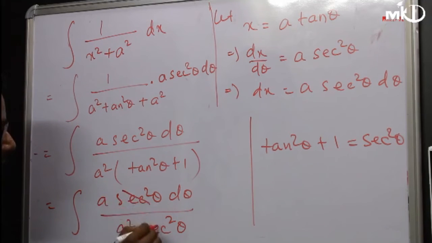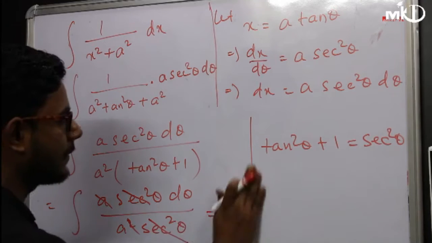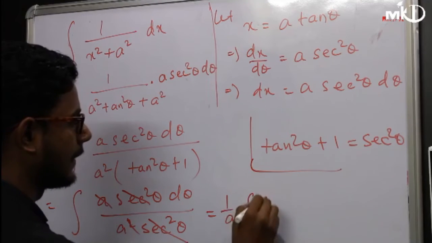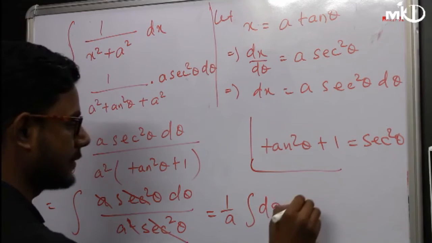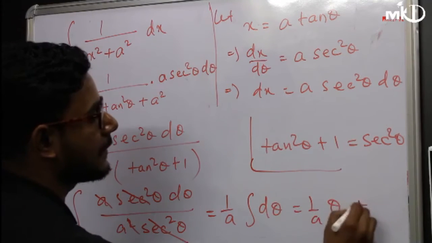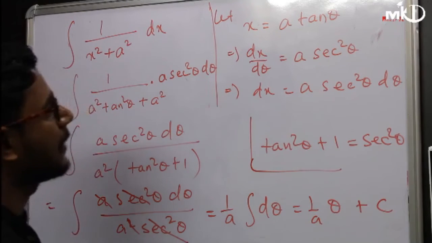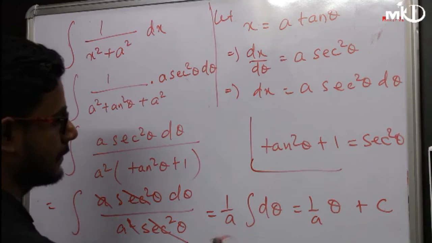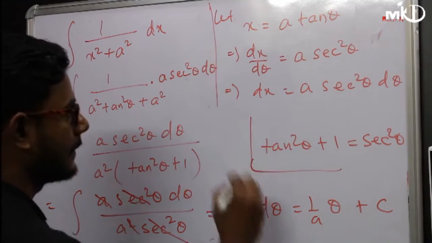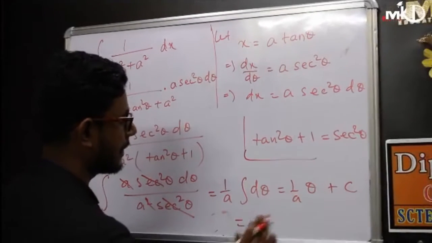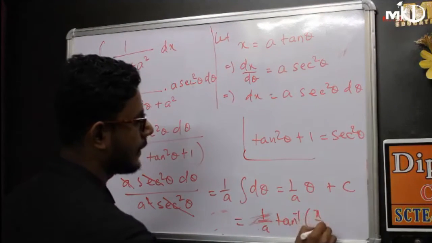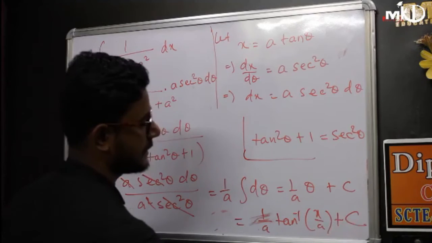So sec square theta is cancelled, a is cancelled. It will be now 1 by a integration of d theta. It is nothing but 1 by a theta plus c. And what is theta? From here, theta is tan inverse x by a. So 1 by a tan inverse x by a plus c. This is the answer.